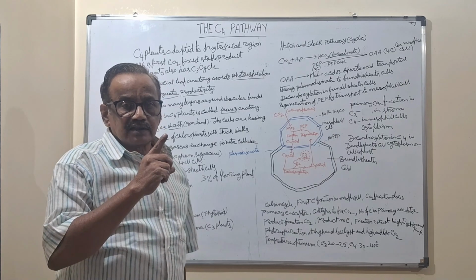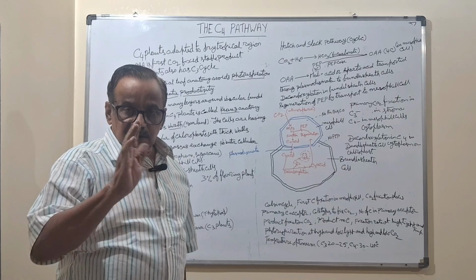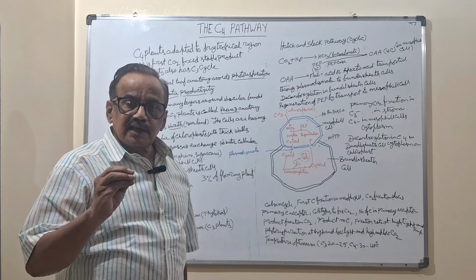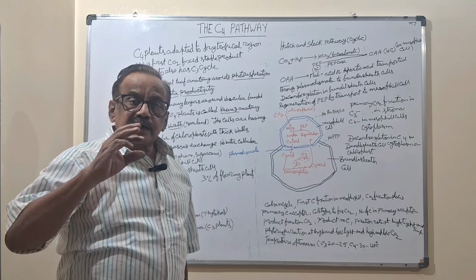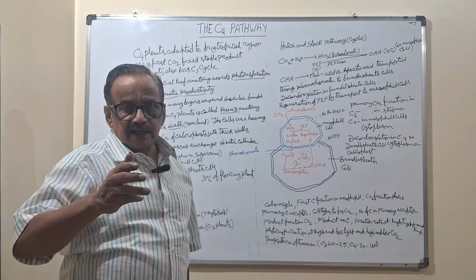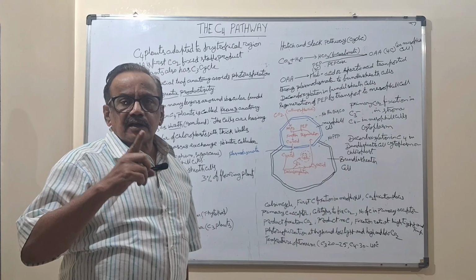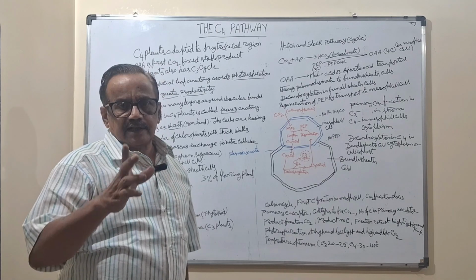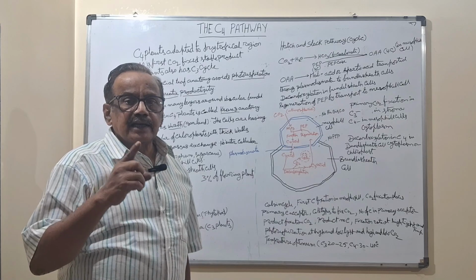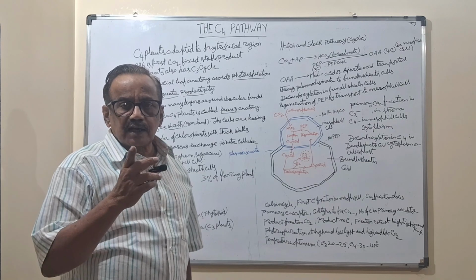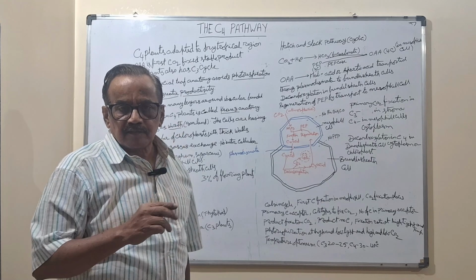We have already seen the alignment in the chloroplast. Now, when plants get high intensity of light, all of you know the dark reaction and the light reaction. The light reaction takes place in the stroma lamellae and the grana.